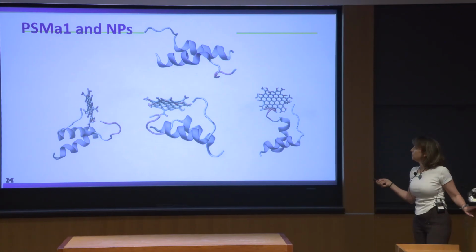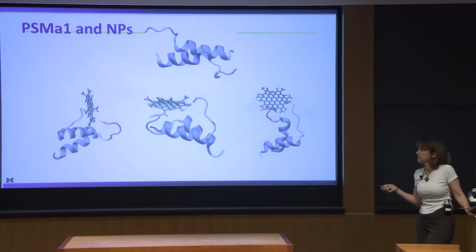If instead you add a nanoparticle to this, and this is the carbonaceous carbon quantum dots again, what you see, and those are three different snapshots of molecular dynamics, is that those two guys, instead of interacting with each other, will start interacting with the nanoparticles. They are attracted, and you can see also that there's kind of an unraveling of the protein around these nanoparticles.